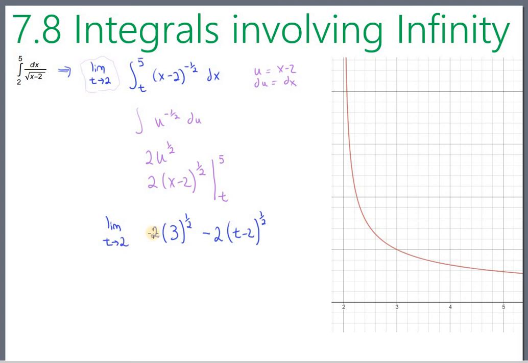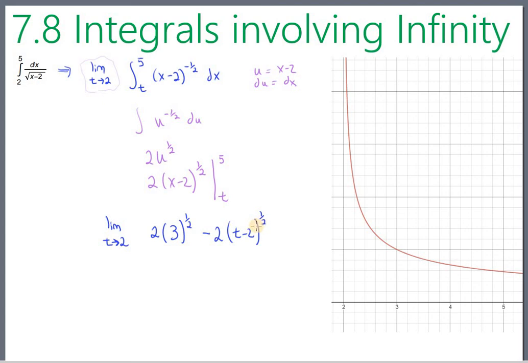as t approaches 2. Keep in mind the first thing we always try with limits, if we can, is just direct substitution. Direct substitution wouldn't have worked on the original because x minus 2 was in the denominator. Turns out x minus 2, or t minus 2, is not in the denominator anymore. It's in the numerator. And I can just plug in 2 for t and get 0. 0 to the 1/2 is 0.